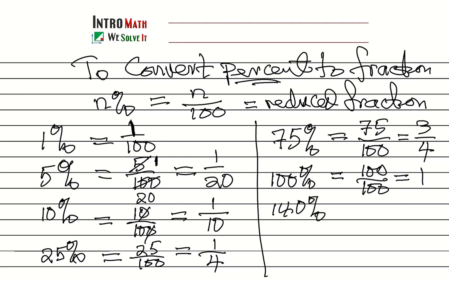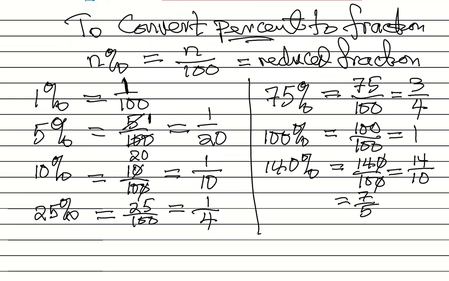Just do the same thing we're doing. As long as percent is involved, you write 140/100. When you reduce that, you get 14 over 10, which is the same thing as 7/5.